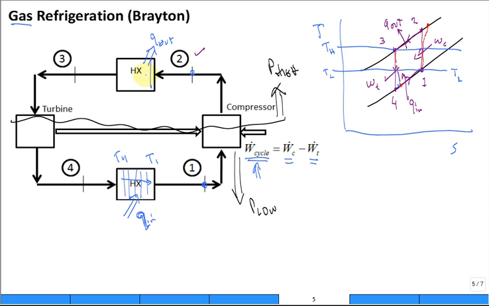This is relatively easy to transfer the heat out when the gas is really hot at T2. But as it gets closer to becoming T3, it's less of a delta T to motivate or push that heat out of the gas. And so you usually don't have a great coefficient of performance.